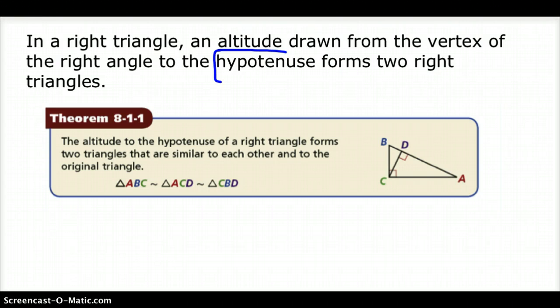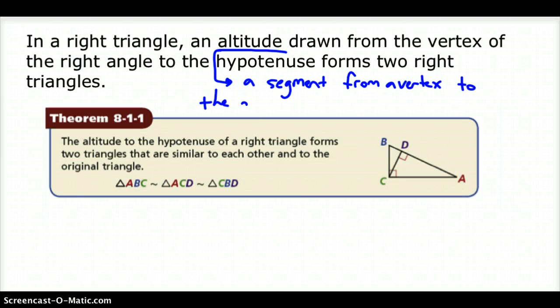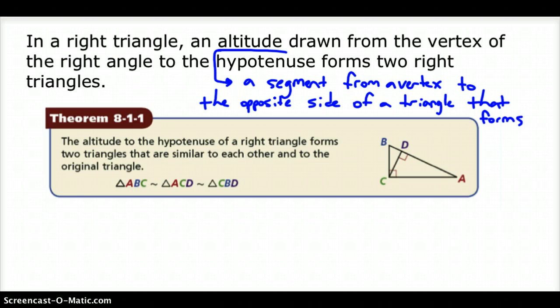This word altitude is going to be a segment from a vertex to the opposite side of a triangle that forms two 90-degree angles. And that's exactly what we actually have in this particular picture here.